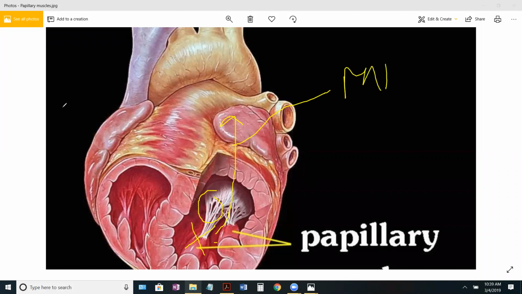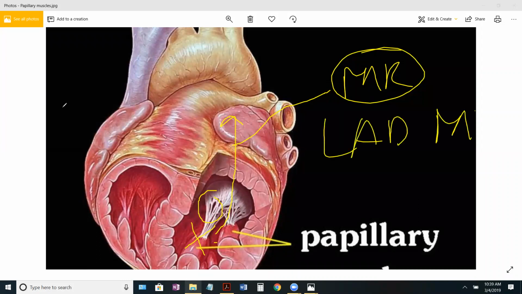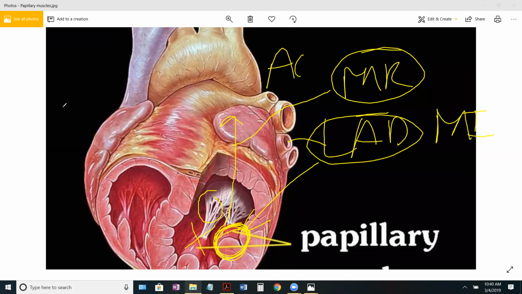We just discussed that the LAD is the most common vessel that gets atherosclerotic disease in clinical situations, and it supplies the anterolateral papillary muscle. So if we get an LAD myocardial infarction, this papillary muscle may become dysfunctional, and patients may develop acute mitral regurgitation. You understand this point? Got it.